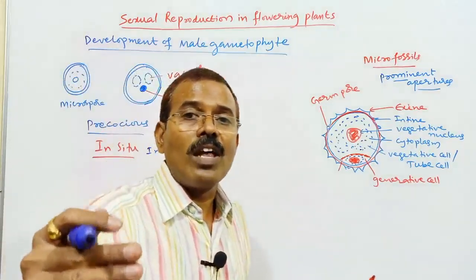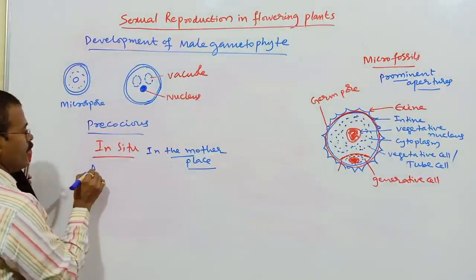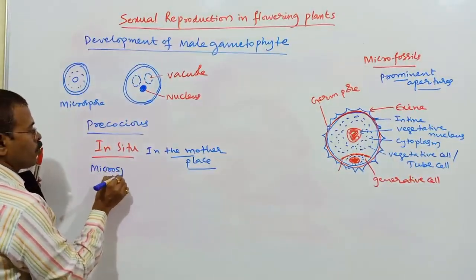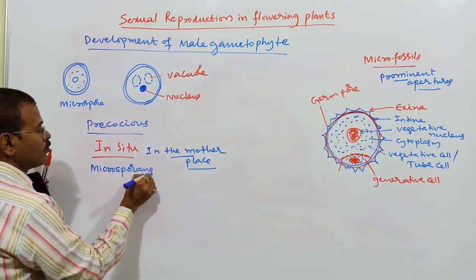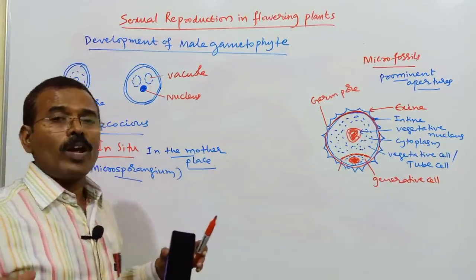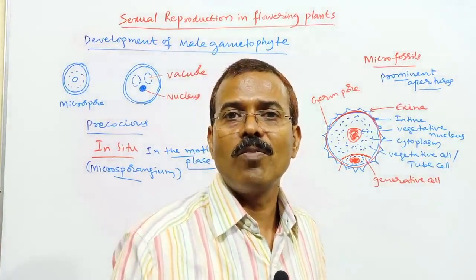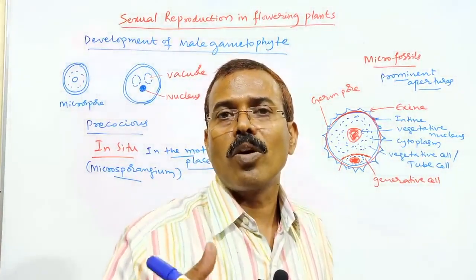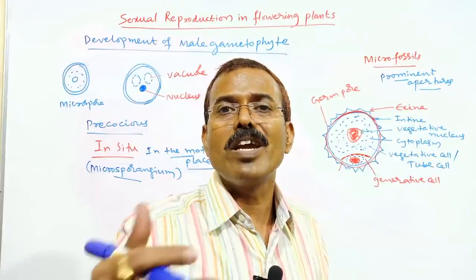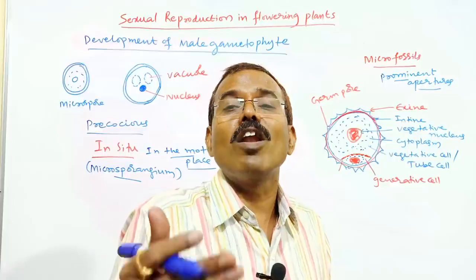There itself the development process starts, that is in the microsporangium. When the microspore tetrads are formed in the microsporangium, there itself the microspore development into a pollen grain begins. That's why I told you in situ, in the mother place, and early development will be there.